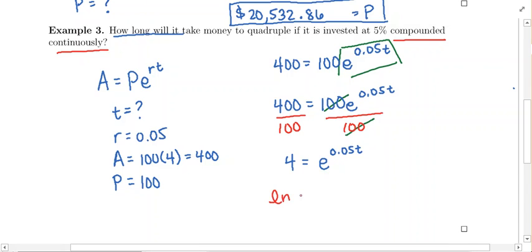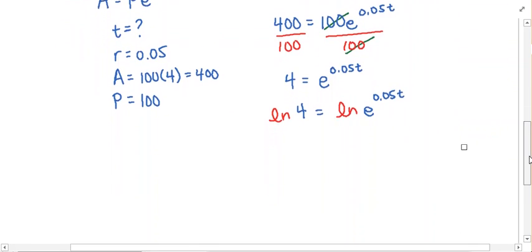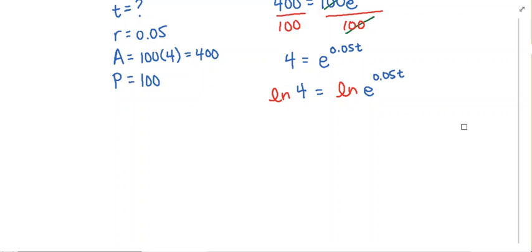You're going to take the natural log of both sides. So we're going to get the natural log of 4 is equal to the natural log of e to the 0.05 times t. So why do we do this? Because remember that property of logarithms.